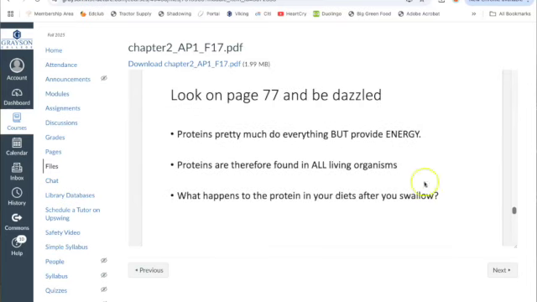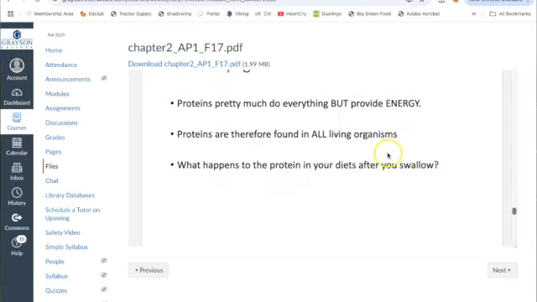So protein also provides energy. Usually, the body will first use carbohydrate and fat, and then protein last. I'm sure some of you know about the keto diet. It uses energy from proteins.